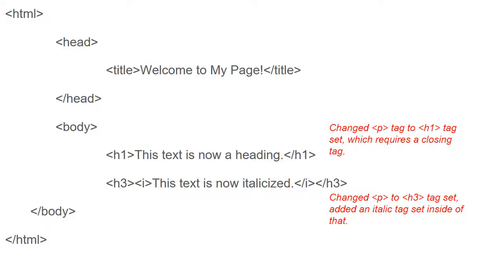Headings require a closing tag, unlike paragraphs. And in the second line of the body, the H3 line, we've added a little I tag set inside the H3 tag set that will italicize what we've written.